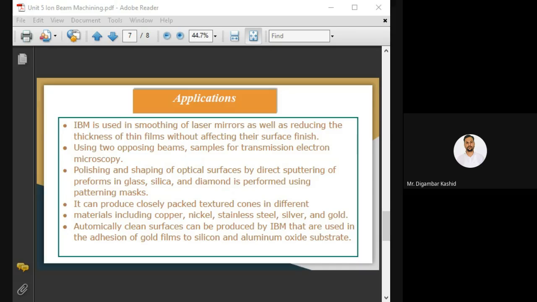Again, the main thing is that as we are calling it ion etching, ion polishing, like that this ion beam machining process is also called focused ion beam machining.